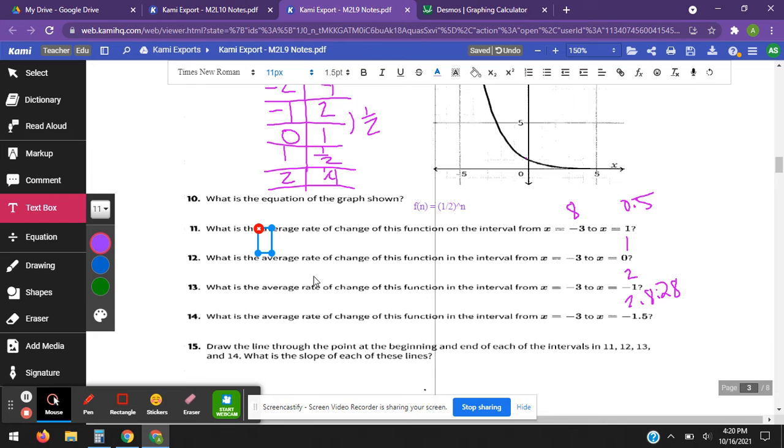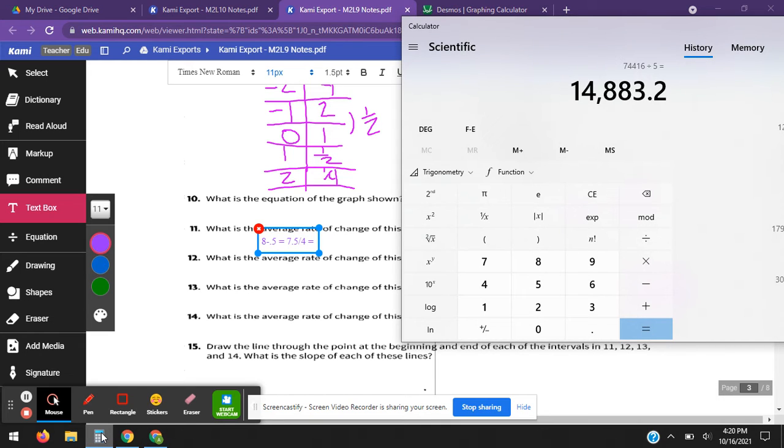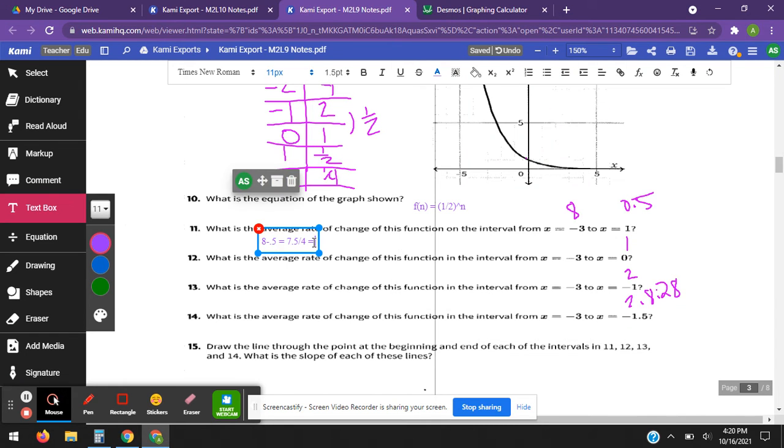So my rate of change is 8 minus 0.5, which equals 7.5. And I need to divide it by 4, since from -3 to 1 is 1, 2, 3, 4. And that's going to equal 7.5 divided by 4, which is 1.875.